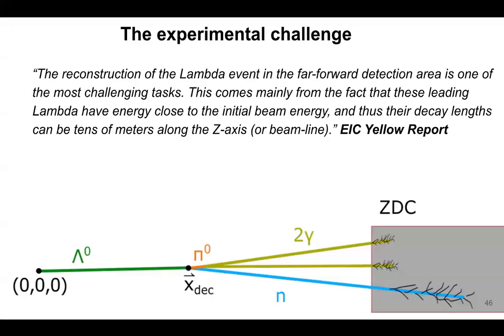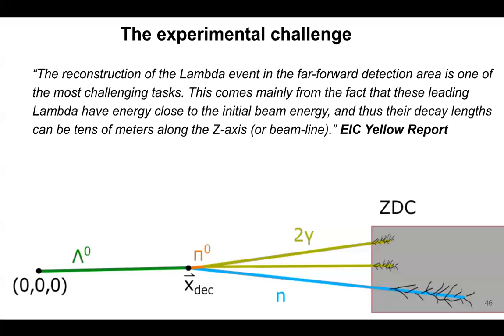But to do this with lambda, it's more complicated. Actually, the EIC Yellow Report states that this is one of the most challenging measurements. And one of the reasons is that lambda likes to fly before it decays, and in particular at high energy, it is boosted in the lab frame. So the decay point of a lambda that, let's say, was produced at the interaction point can be tens of meters away.